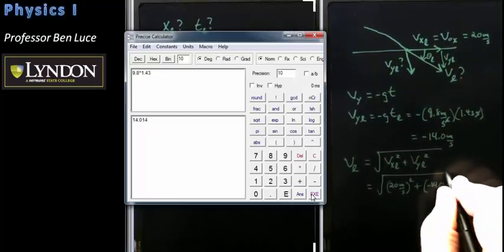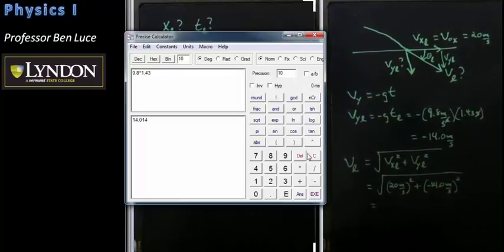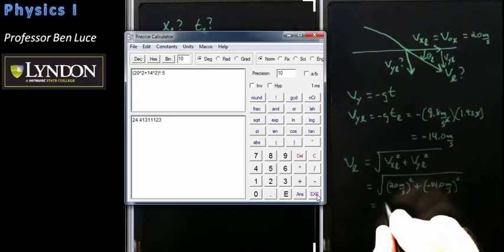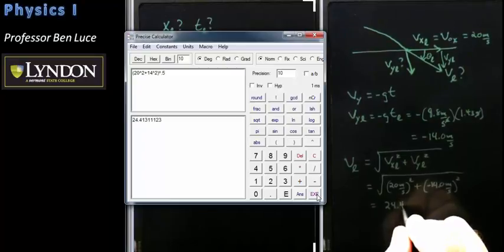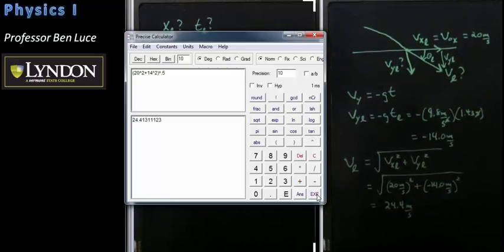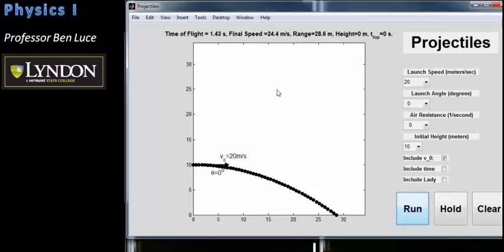Of course, the minus sign will square away. So we compute. And that gives us 24.4 meters per second. Let's take a look at the simulation. And that agrees with the figure here, 24.4.